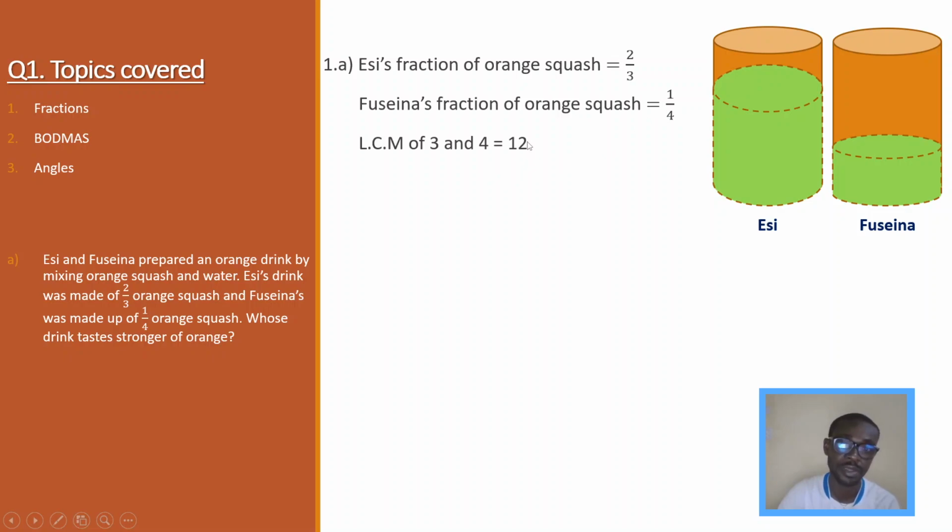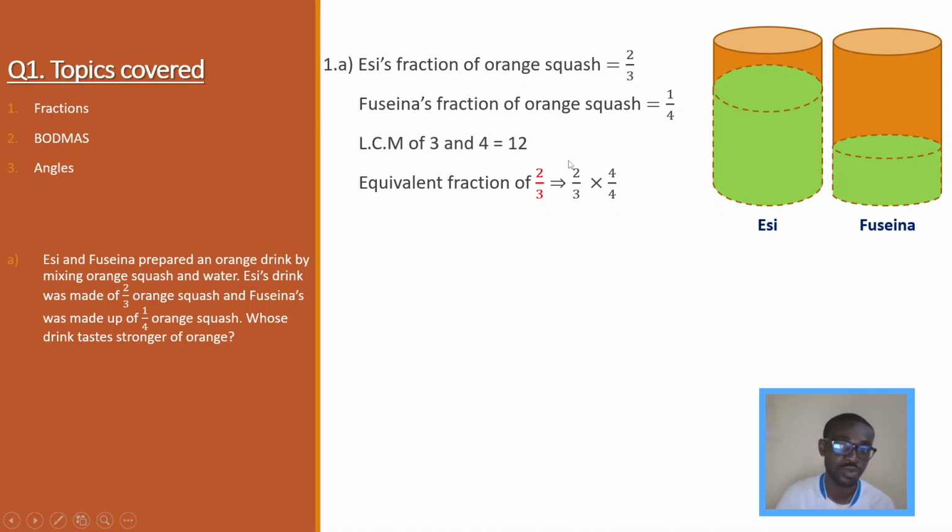Their LCM is 12. Knowing the least common multiple, we can then find an equivalent ratio of each of the fractions in such a way that the equivalent ratio that we will find, the denominator should be equal to the LCM that we have here.